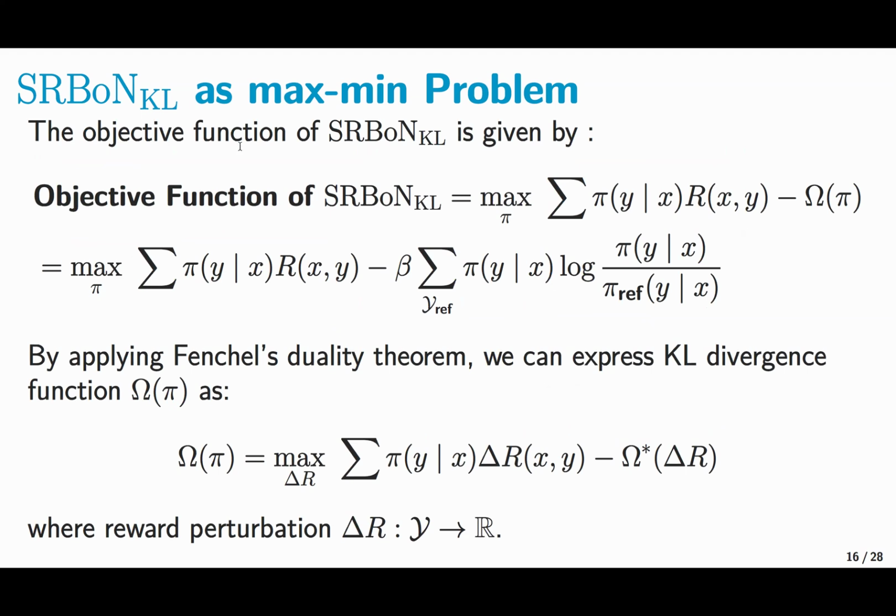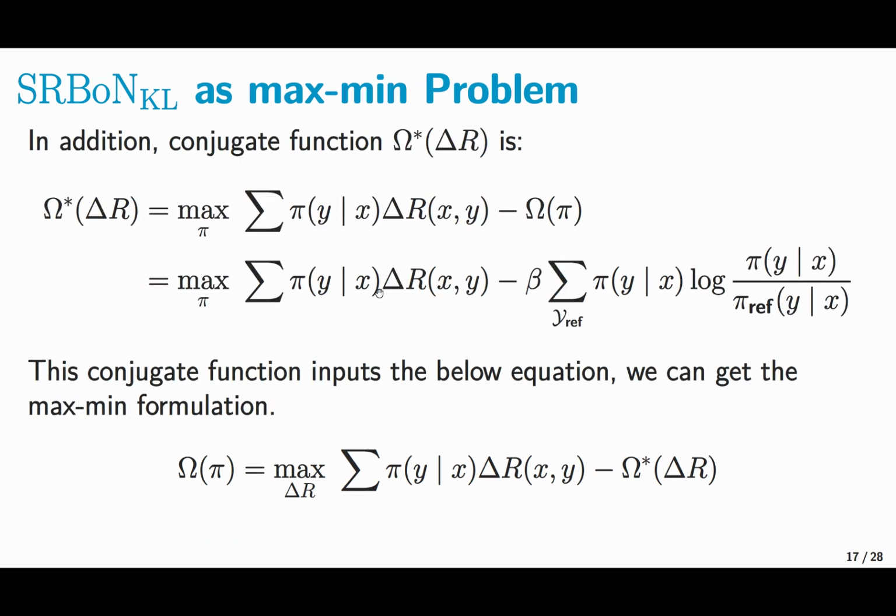The objective function of SRBoN-KL is given by only a maximization problem this time. By applying convex conjugates, we can express the KL divergence term as a maximization problem with the conjugate function.